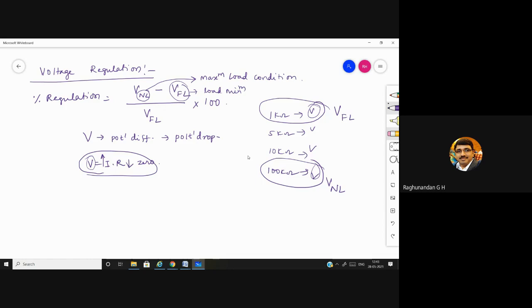It has to give 5 volt for all the mobiles. So if it is having some percentage regulation, then that will indicate it is having that much fluctuation. Ideally, the regulation is... okay. You just guess what will be the ideal regulation which is preferred.